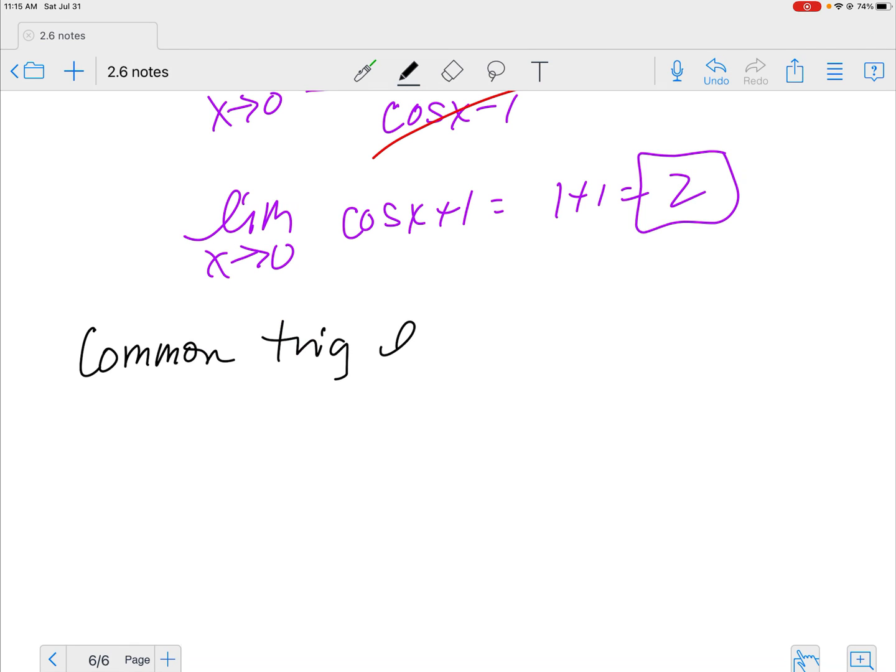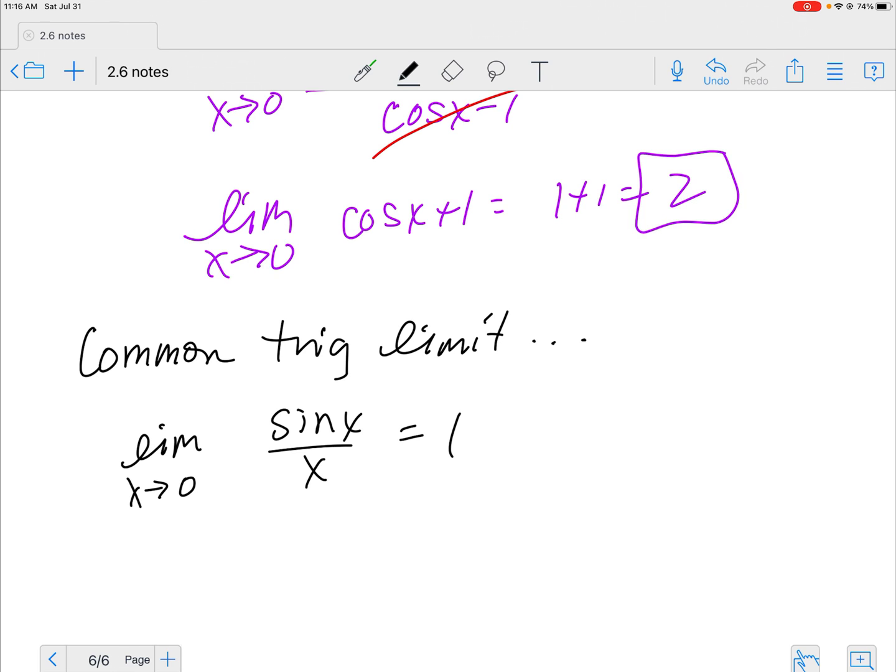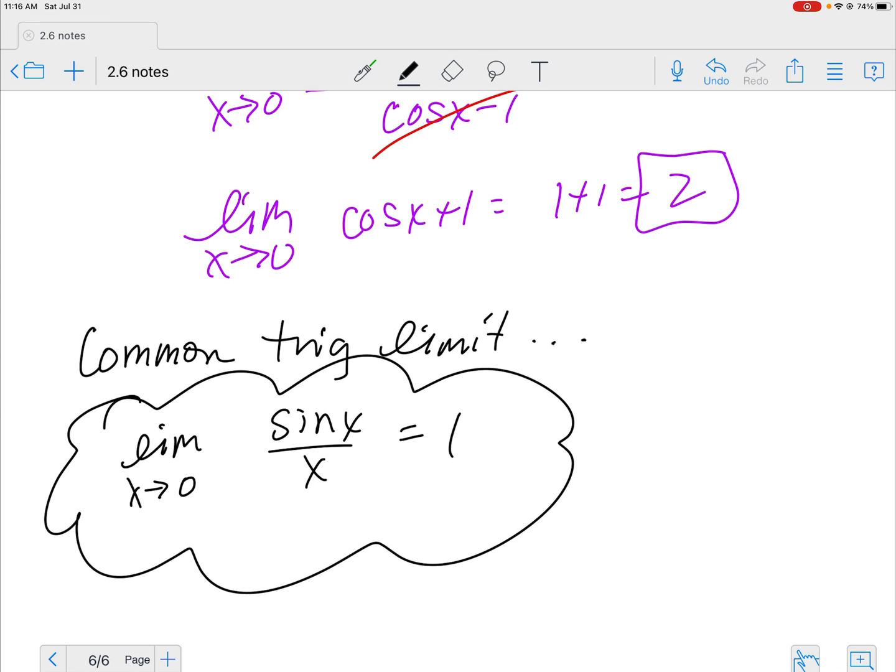A common trig limit is the limit as x approaches 0 of the sine of x over x equals 1. All right? It's not obvious without doing work that we're going to cover in the rest of this chapter. In the rest of this course. So just stick with me for right now. Just know this and love this.